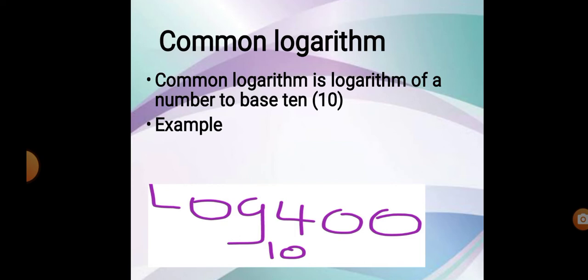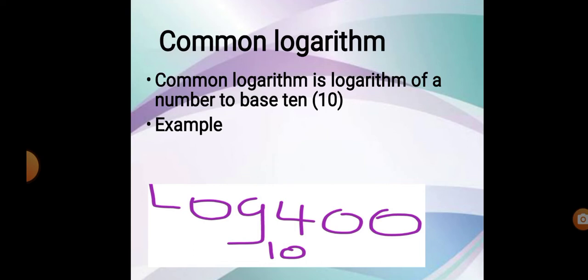Now, what is common logarithm? Common logarithm is defined as a logarithm of a number whose base is 10. When the base is 10, it is defined as common logarithm. As in the example given below, log 400 base 10.